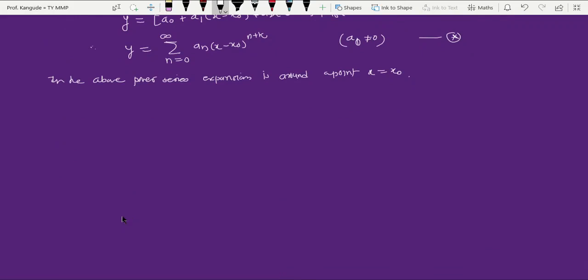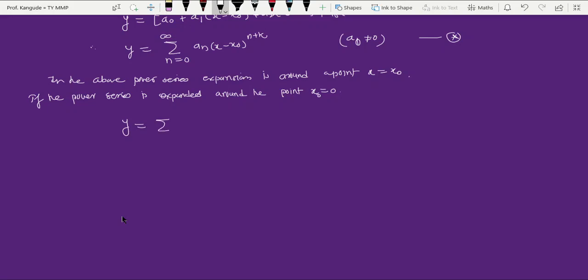Now if the power series is expanded around the point x is equal to 0, that means x0 is equal to 0, which we are going to test later on, whether this point is a regular singular point, an irregular singular point, or an ordinary point, then the star equation gets converted.